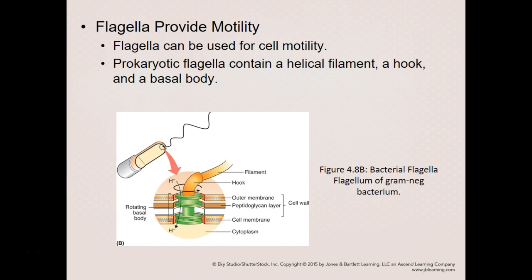Flagella function in movement of the cell. Eukaryotic organisms can also have flagella, but the movement is going to be different for prokaryotes and eukaryotes. For prokaryotic organisms, you have a series of runs where you're moving in a specific direction and tumbles where you're kind of bouncing around. In eukaryotes, we typically just have movement towards or away from some attractant or something that is going to potentially cause harm.